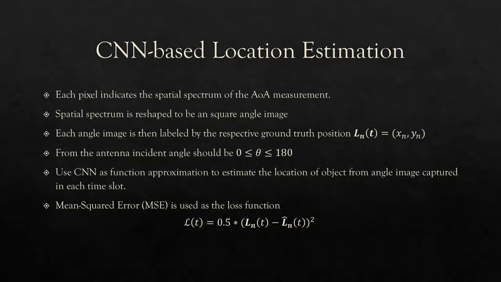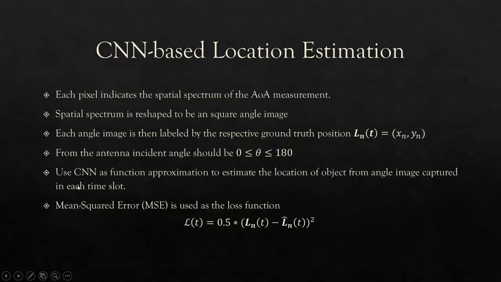The spatial spectrum is reshaped to be a square angle image. Each angle image is then labeled by the respective ground truth position, or in this case the location here. And the antenna incident angle should be 0 to 180.